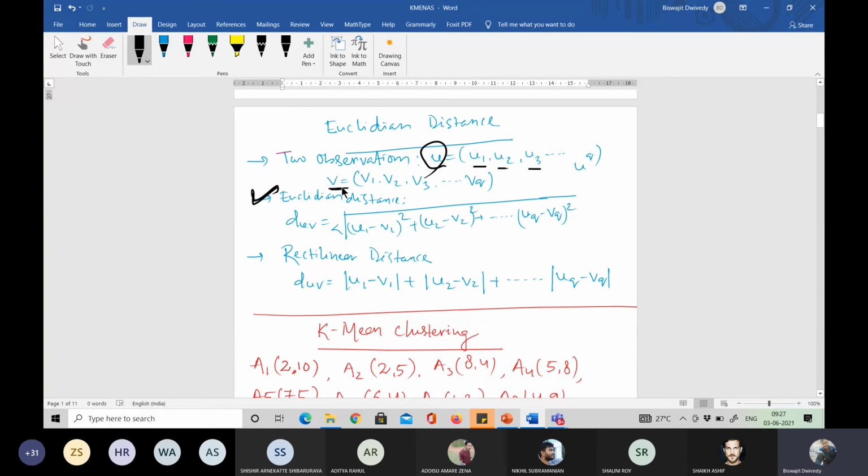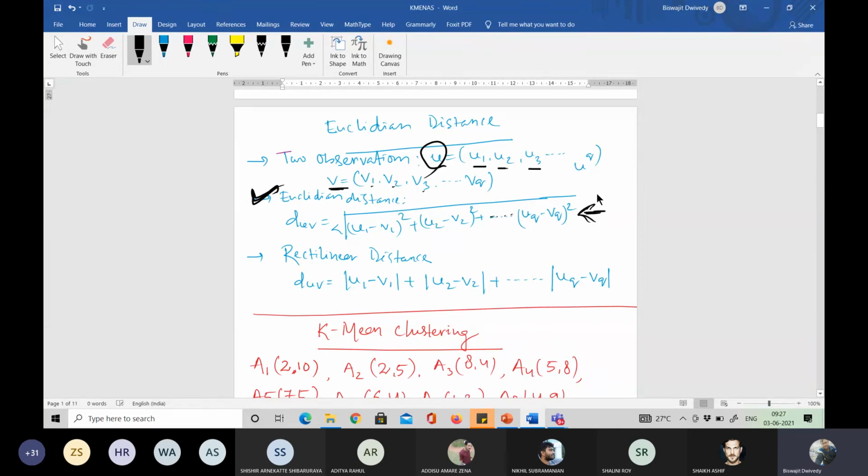Similarly, v is your second observation point, it has coordinates like v1, v2, v3, up to vq. So Euclidean distance is simply the square root of (u1 minus v1) square plus (u2 minus v2) square plus up to (uq minus vq) whole square. Okay, so this is the Euclidean distance.